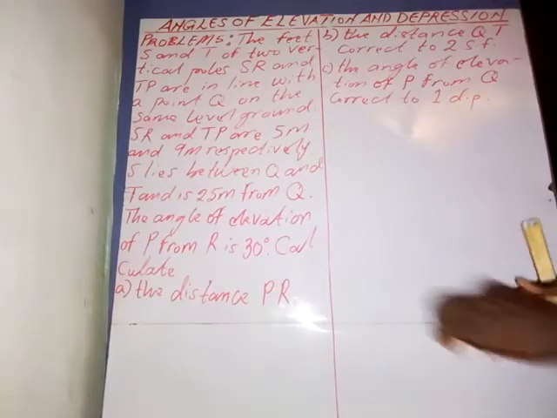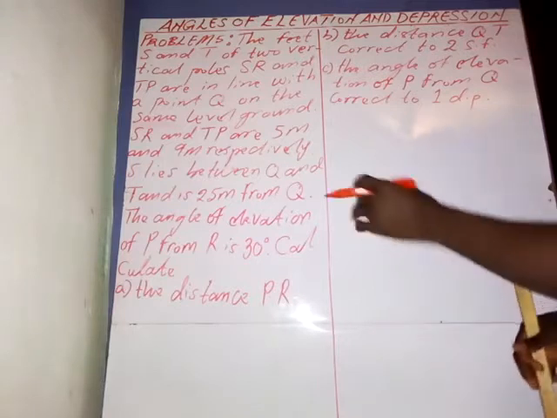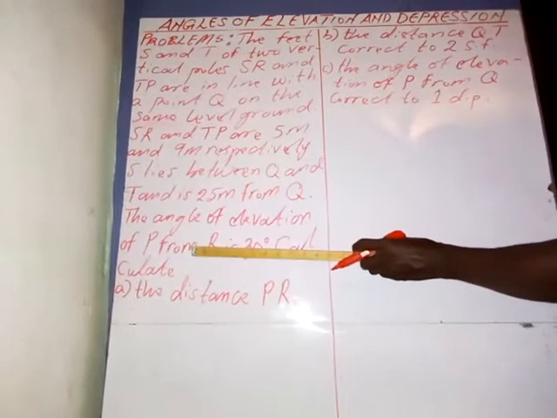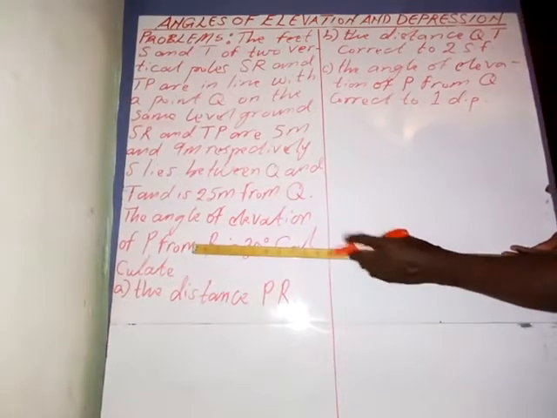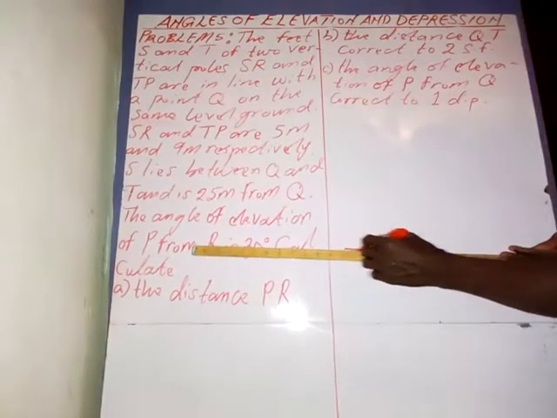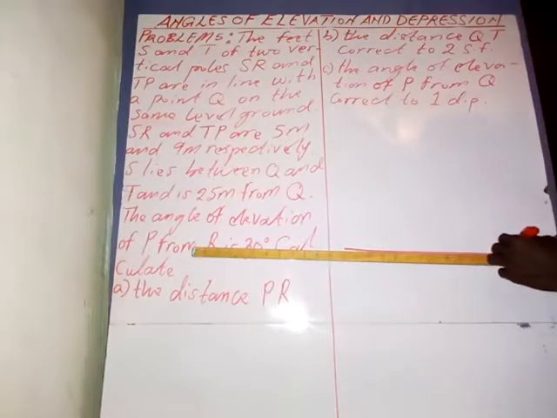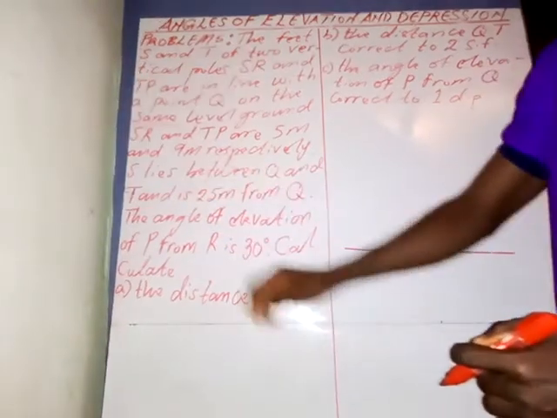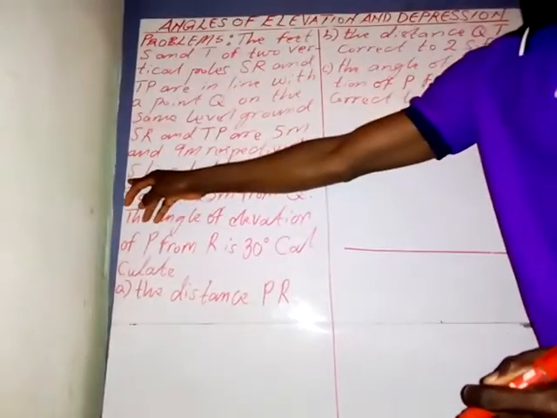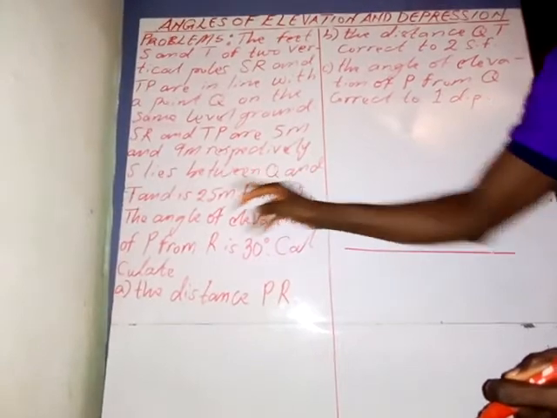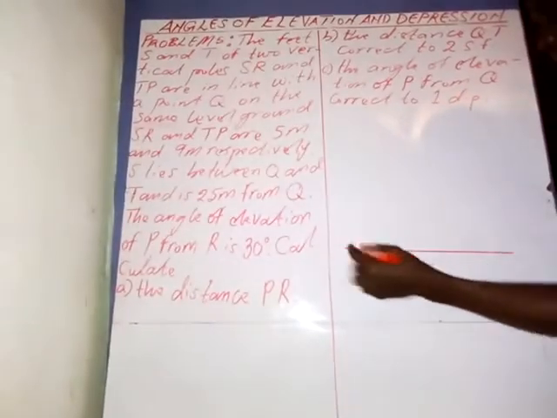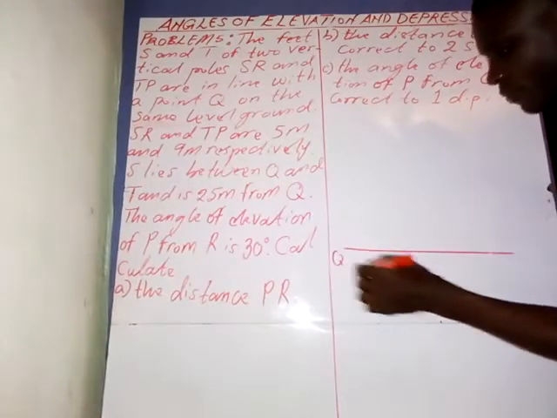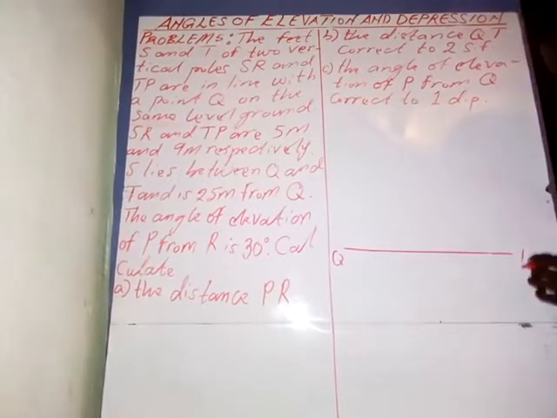From what we have here, we have 3 points S, T, and Q on the same level. So S lies between Q and T. So this horizontal line that I've drawn, I'm going to put Q here and I'm going to put T here.